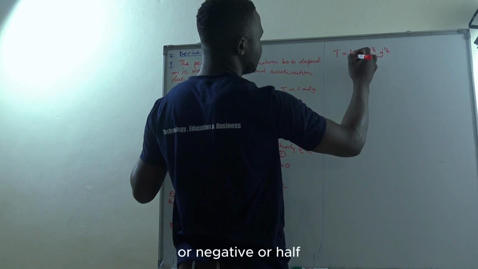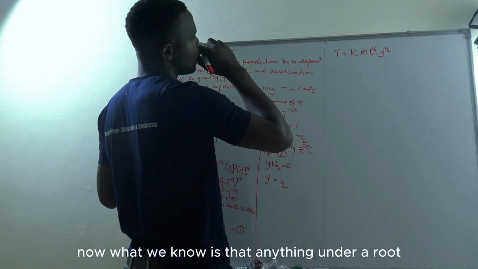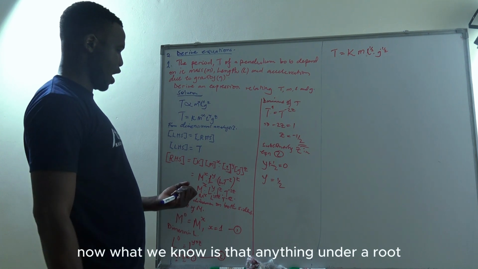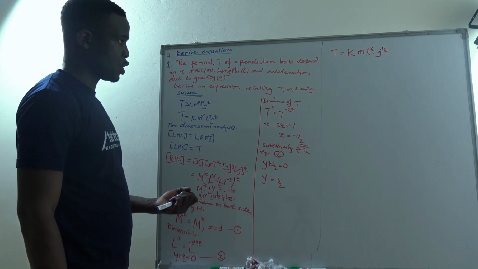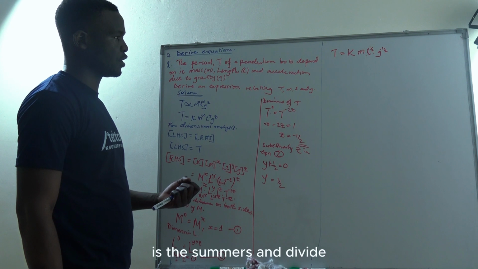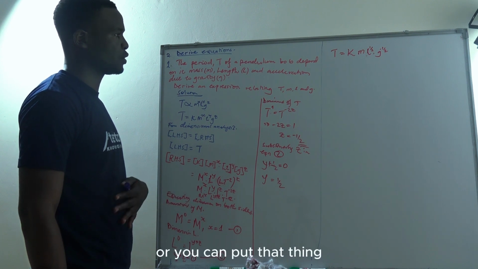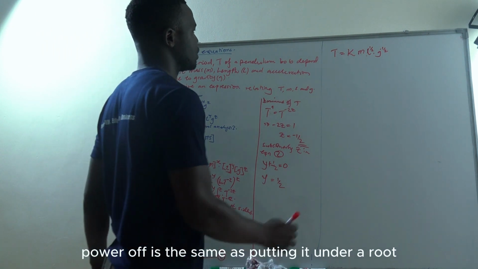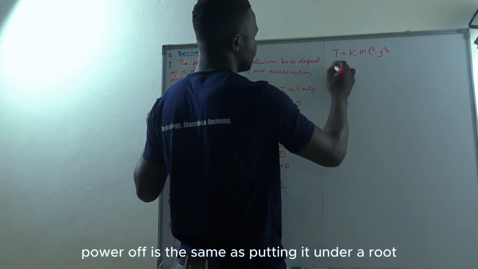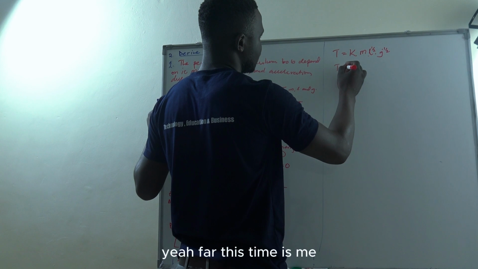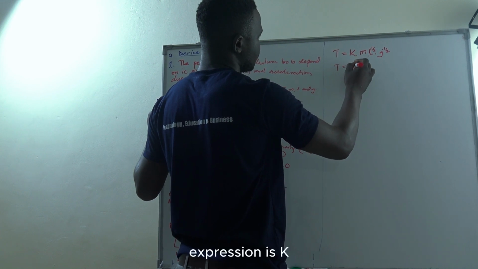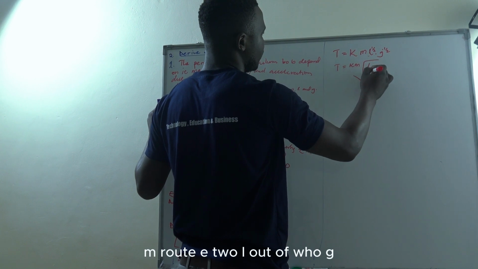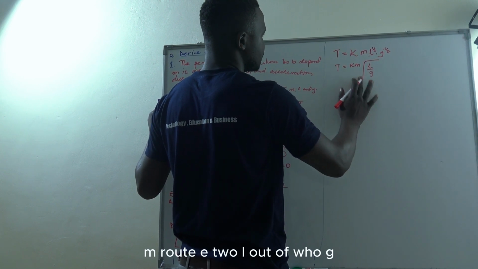Now, anything to the power half is the same as putting it under a root. Therefore, the expression is T equals k m times the root of l over g.